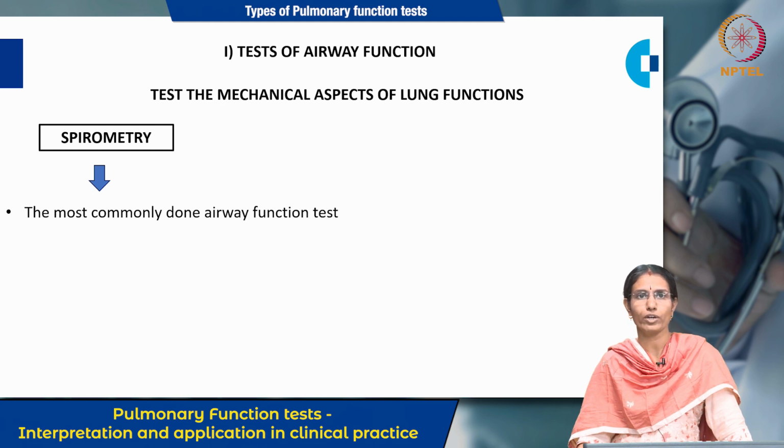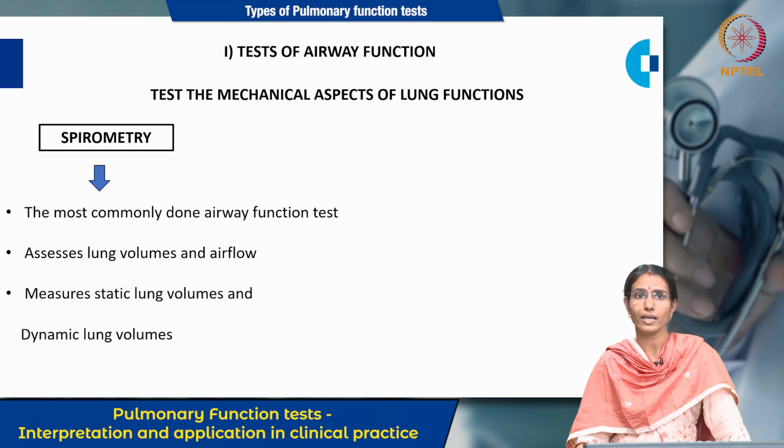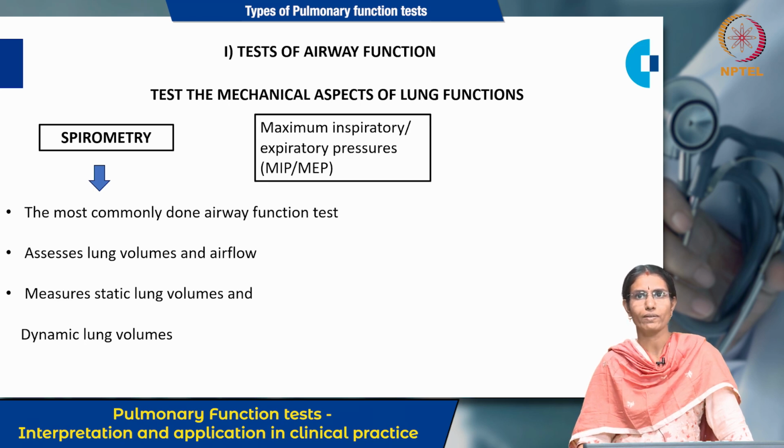Spirometry is the most important technique which is being used. Using this spirometry, a lot of parameters can be measured. It assesses lung volumes as well as airflow. So, both the static lung volumes and dynamic lung volumes can be measured. We will see about these static lung volumes and dynamic lung volumes in the next module, or in module 5.